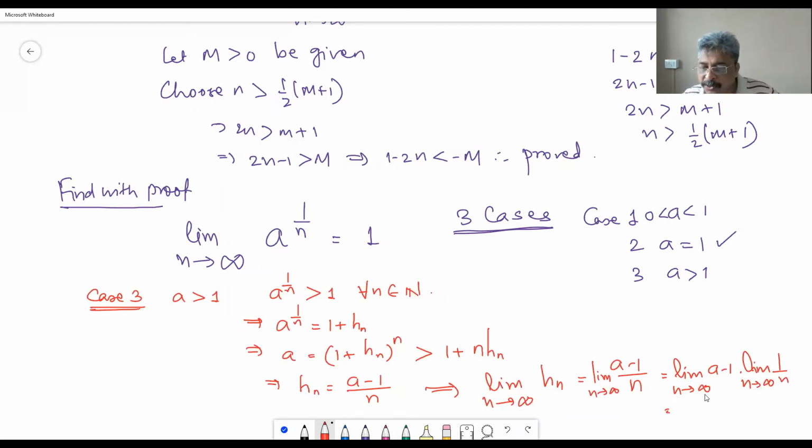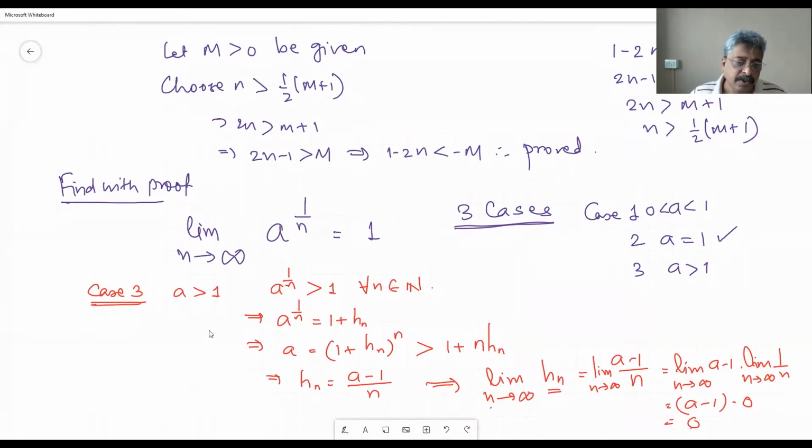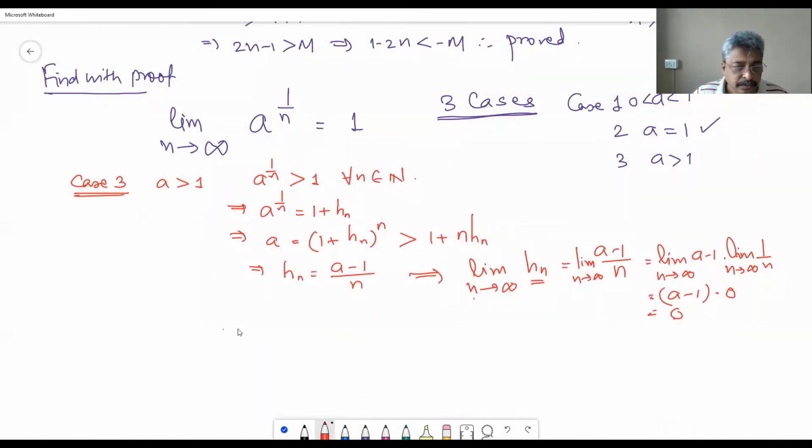This is a minus 1, whatever this constant is, times 0. Therefore the answer is going to be 0. So h_n will tend to 0 as n tends to infinity. Therefore this implies limit n tends to infinity of a raised to 1 upon n, which is 1 plus h_n, will tend to 1.